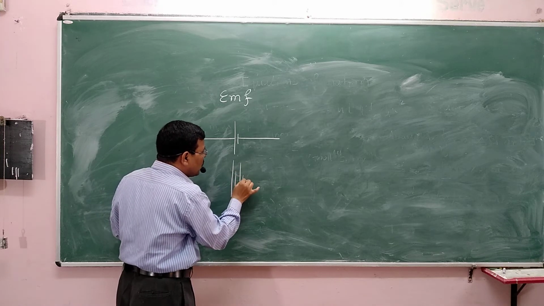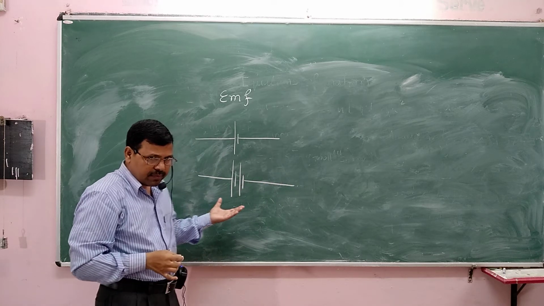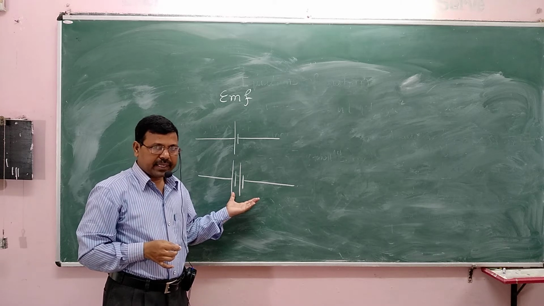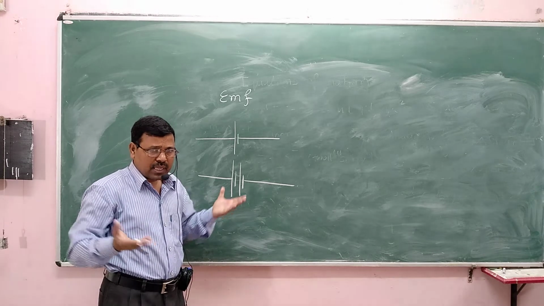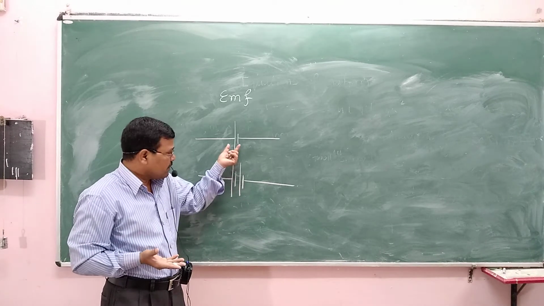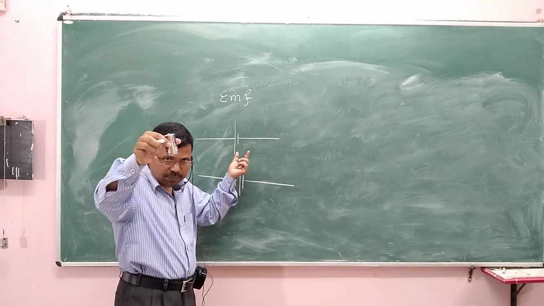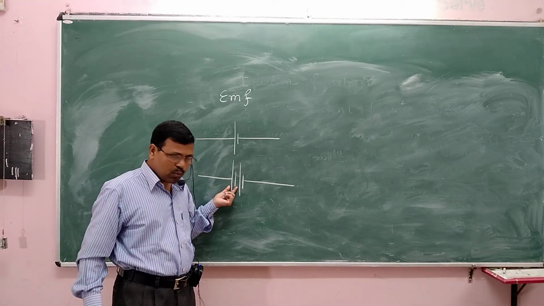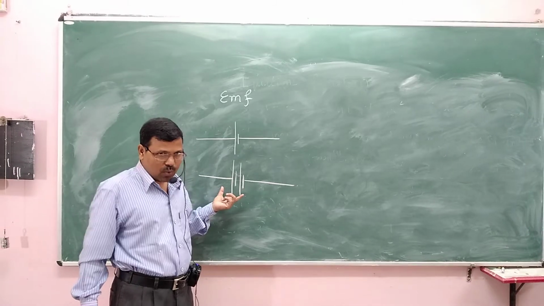If there are 2 or more cells connected in series, then it is called a battery. A battery is a combination of several cells. Here, if you take that power cell whose EMF is 1.5 volt, it is 1.5 volt plus 1.5 volt, it is 3 volt.